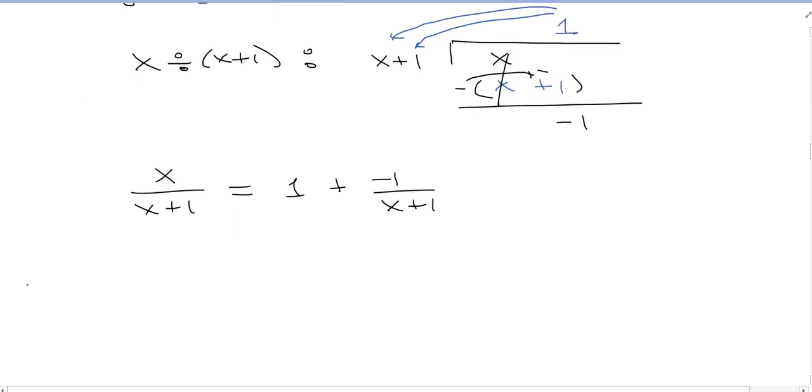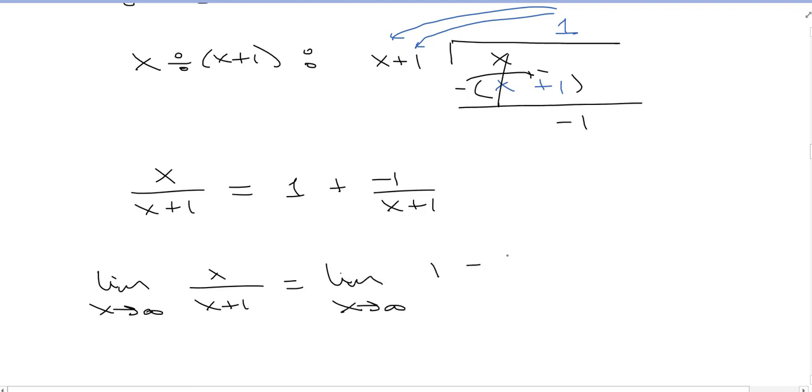So now when I'm taking my limit, the limit as x goes to infinity of x over x plus 1, I can say this is the limit as x goes to infinity of 1 minus 1 over x plus 1. Now, as x goes to infinity, this means x is getting arbitrarily large. So you're going to have a large number over here. 1 over a large number is going to go to 0.